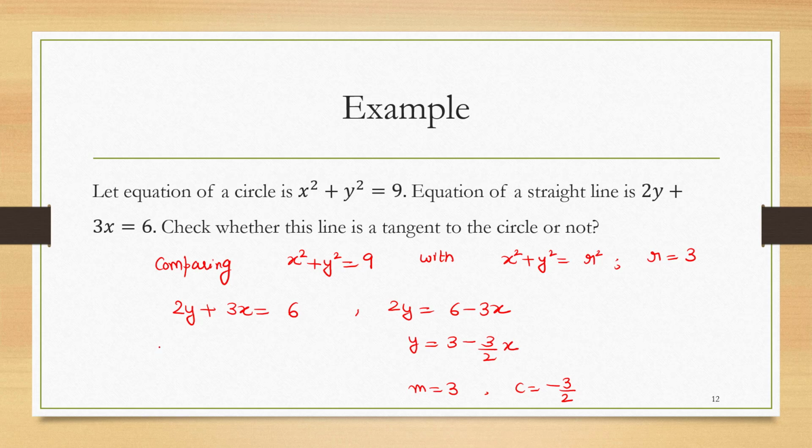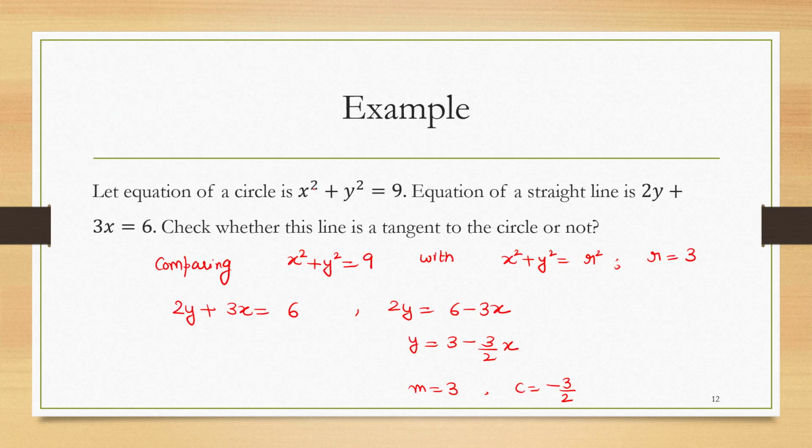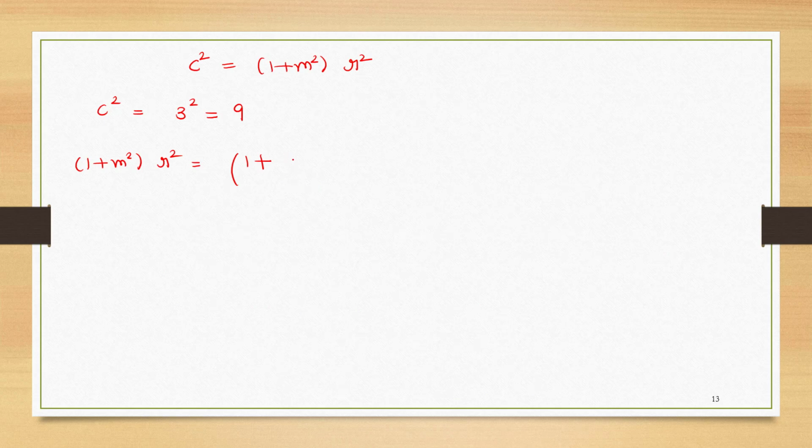Now we see the condition of tangency, that was c square is equal to 1 plus m square into r square. Let's see the left side. C square is equal to 3 square, that is 9. 1 plus m square into r square, that is 1 plus m square, 3 by 2 square is 9 by 4, into r square, which is 9.